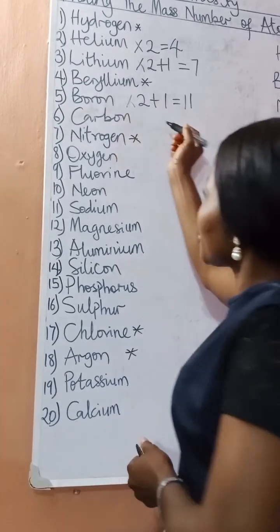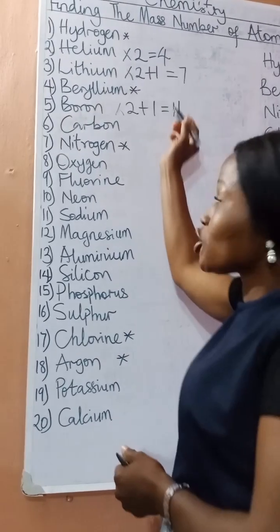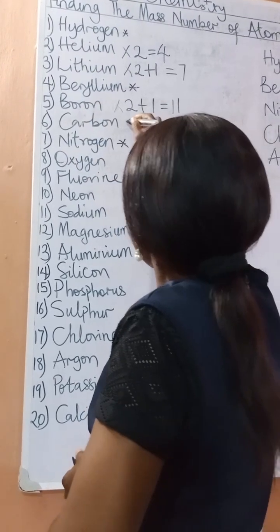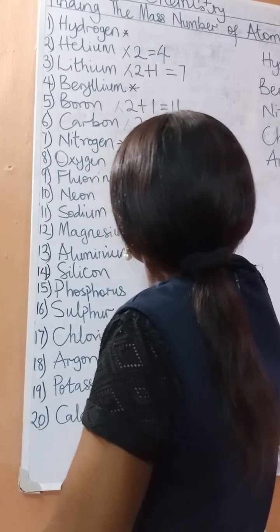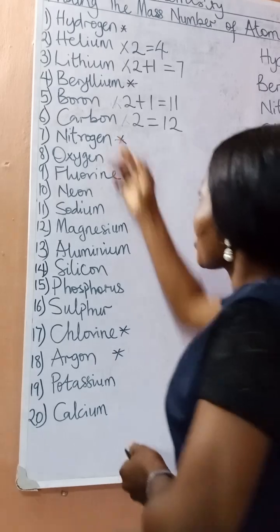Next is carbon. The atomic number is 6, even number, so we just double it. Double of 6 is 12. On the other way, we can say 6 times 2, which is 12. 12 becomes the mass number of carbon.